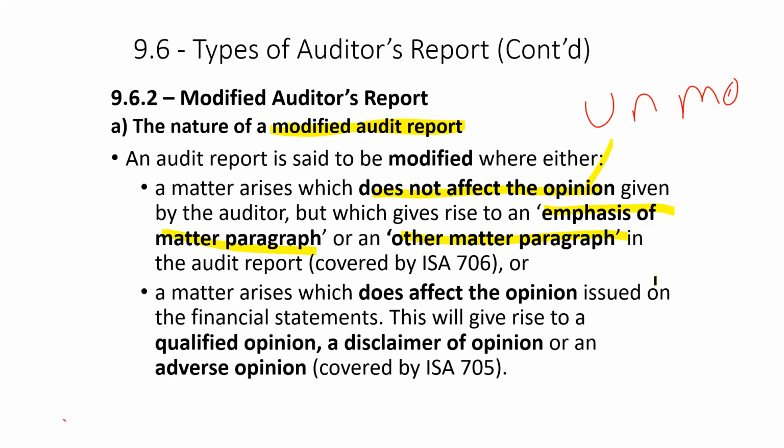The auditor can either give a modified opinion or an unmodified opinion. If he's giving an unmodified opinion, then it means he's introducing other paragraphs such as the emphasis of matter paragraph or the other matter paragraph. So this is a modified audit report.